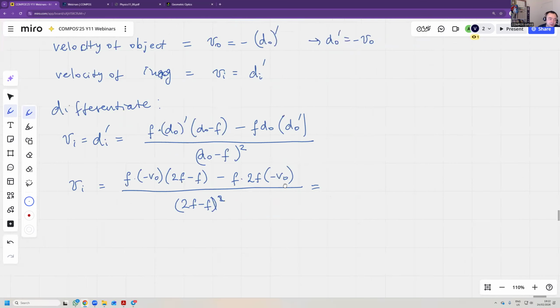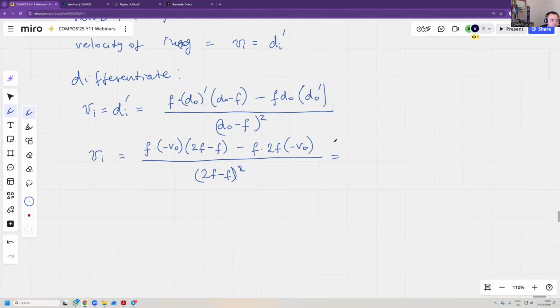This is minus v0 f squared plus 2 v0 f squared divided by f squared. So f squared cancels, and we're left with 2v0 minus v0, which is just v0. So the speed of the image at that particular point is exactly equal to v0.